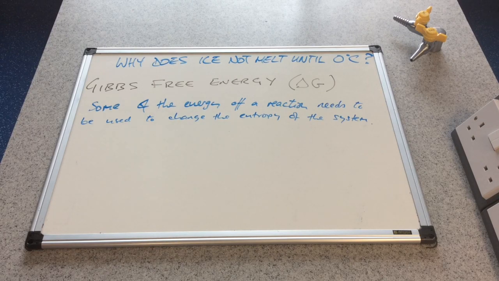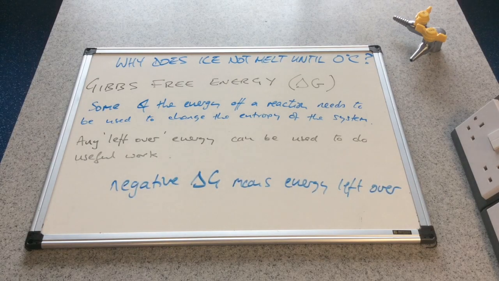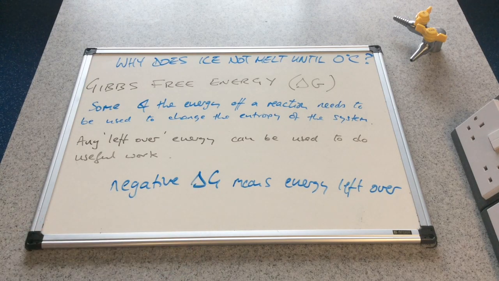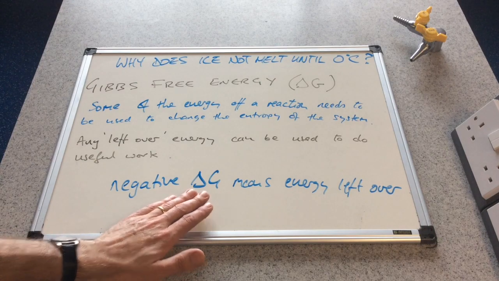We call this leftover energy free energy, and because the scientist involved was called Gibbs, it's called the Gibbs free energy. In a moment we're going to do a calculation to work out the delta G for a reaction, and you can see I've written up there a negative delta G means that there is energy left over. So for a reaction to be spontaneous at a particular temperature, we've got to have a negative delta G.